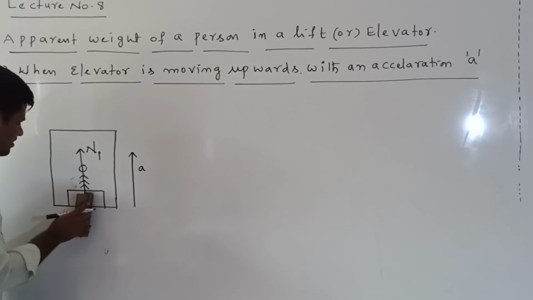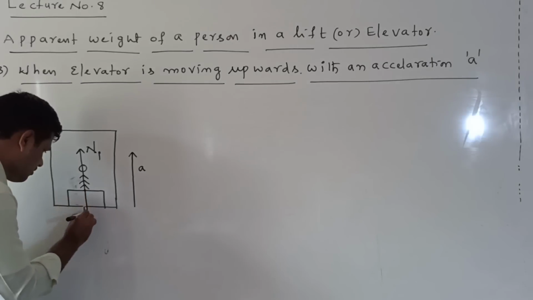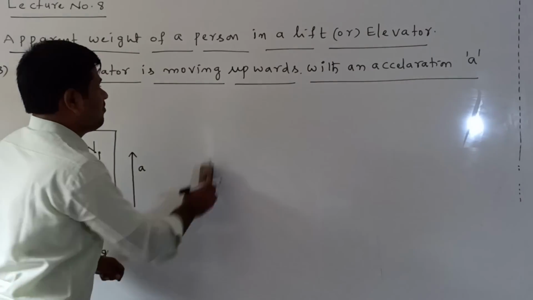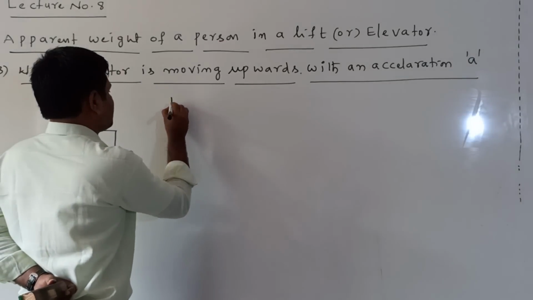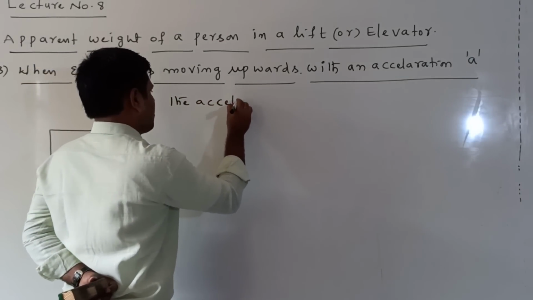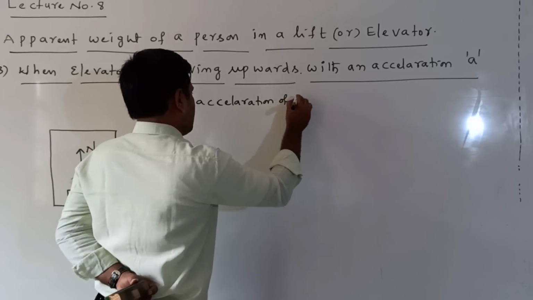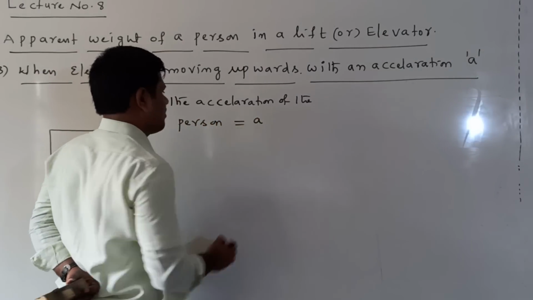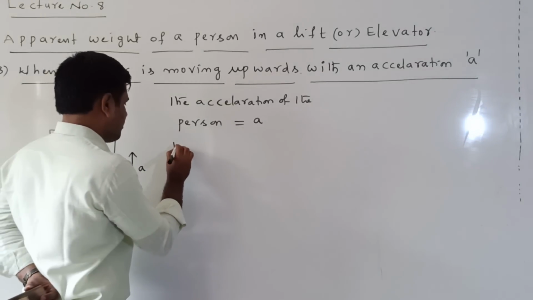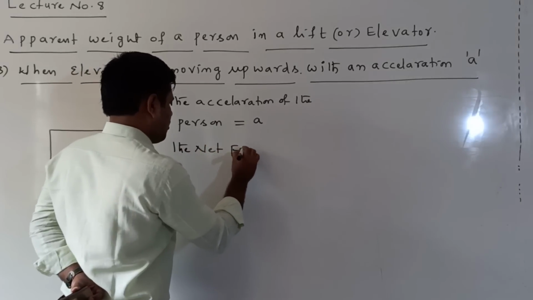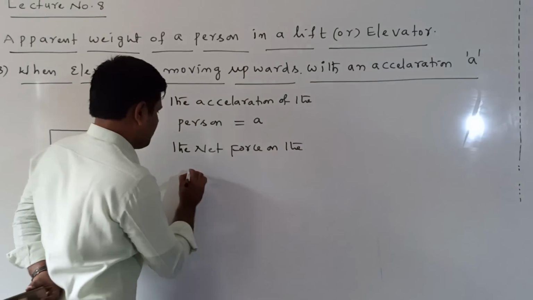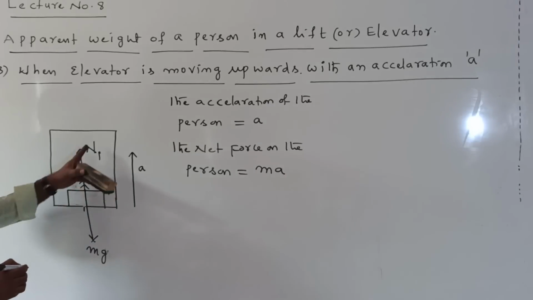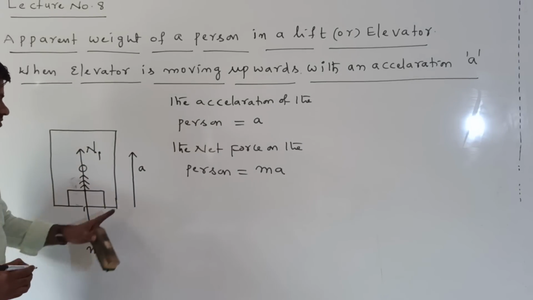When it is moving with acceleration A, the acceleration of the person is equal to A. The net force on the person: n1 is acting in the upward direction, mg is acting in the downward direction.